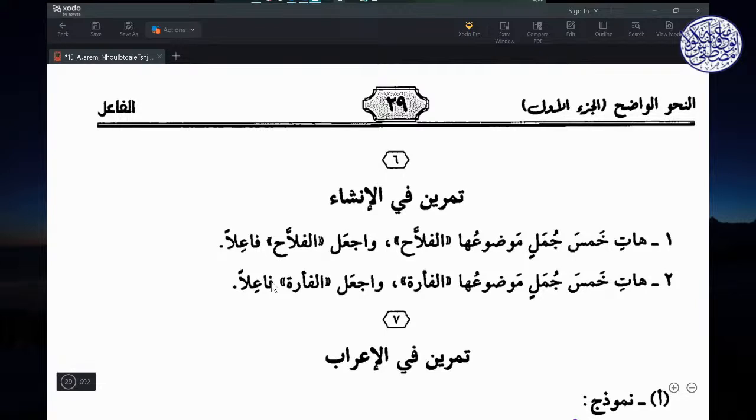Here, the brother put ya'kulu al-falahu al-burtuqal. He has al-burtuqalu, but it should be burtuqala. And we're going to go over that when we finish these exercises in a minute, inshallah.